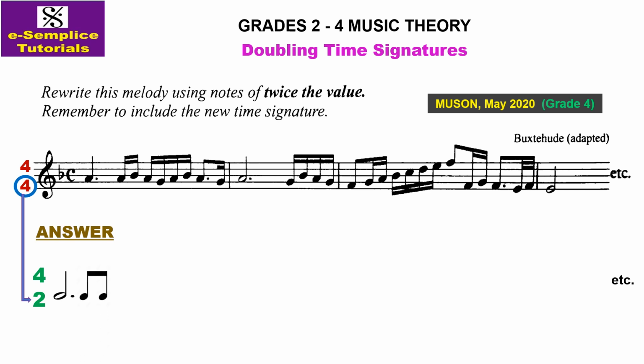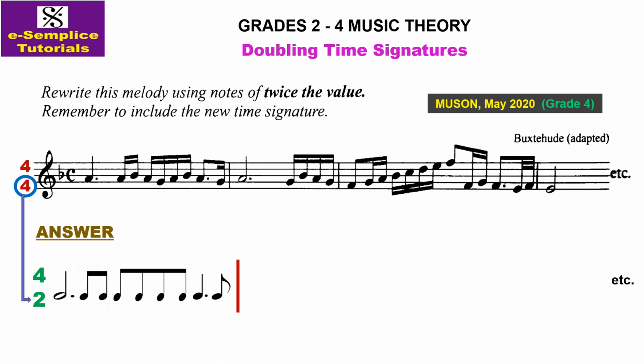Then we have 4 beamed semiquavers, they will also become quavers. Then we have a dotted quaver and a semiquaver. The dotted quaver would become a dotted crochet, and the semiquaver will become a quaver.